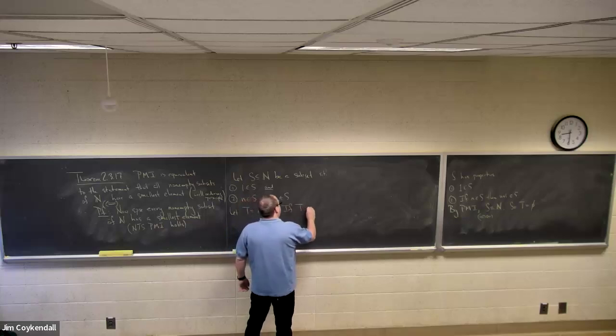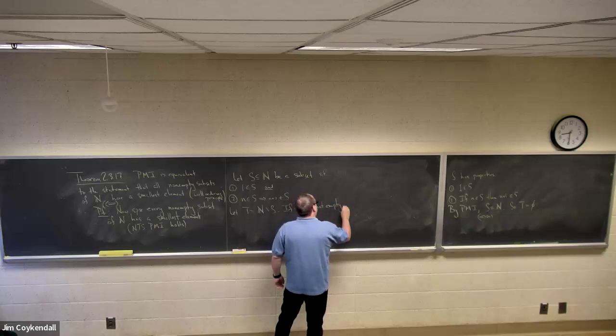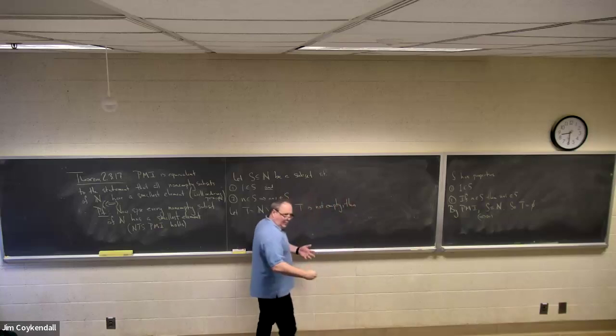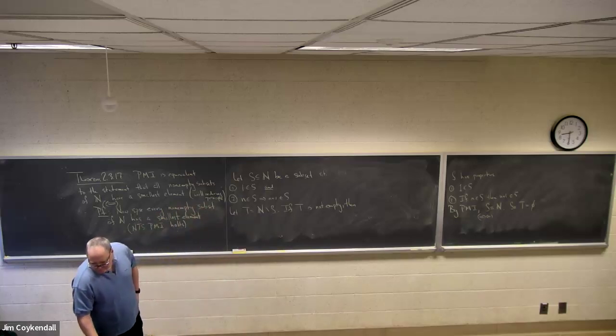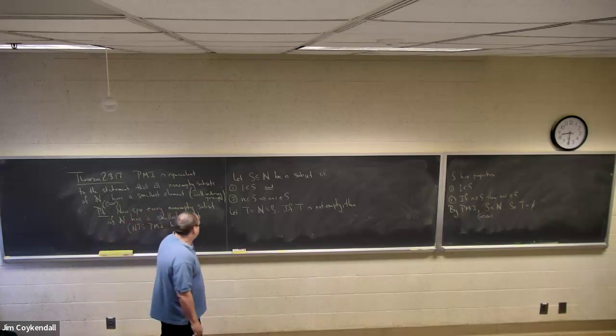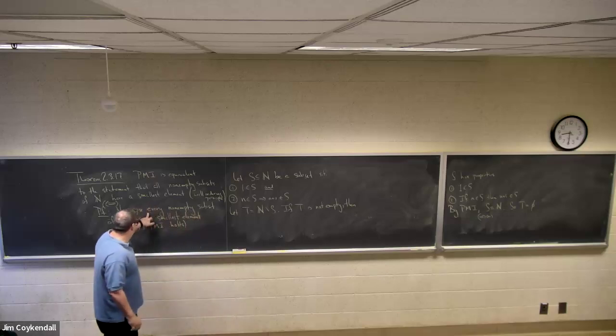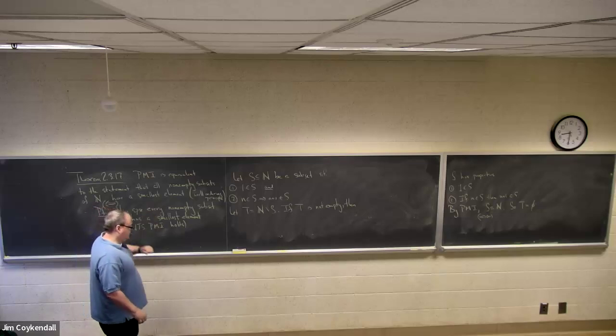If T is not empty, then what must be true? What are we assuming? If you have a non-empty subset of the natural numbers, which this is, then it has a smallest element.